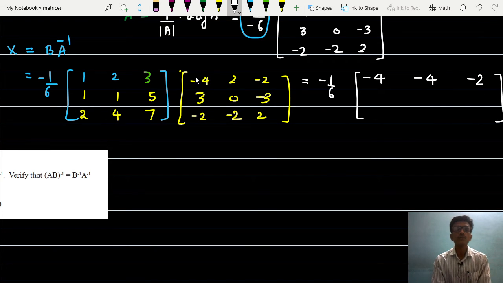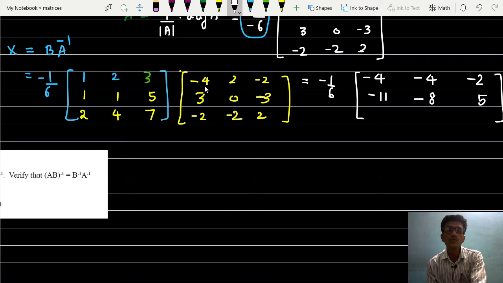Then second row into first column: -4 plus 3, that is -1, and -10. It's -11. Second row into second column: plus 2 and -10, -8. Second row into third column: -2, -3, -5 and plus 10, that is 5.